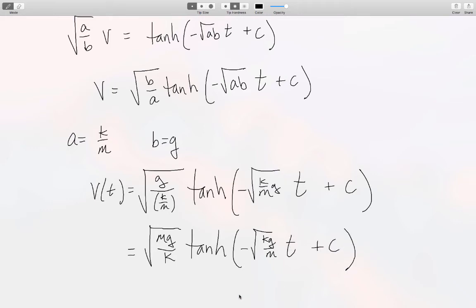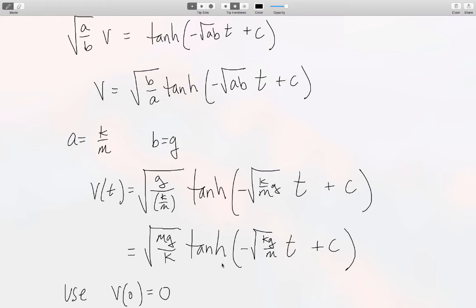It looks like that. Now, hyperbolic tangent, if you plugged in 0, what I want to do is I want to get the constant. So I'm going to use v of 0 is 0. I'm assuming that the object's dropped, and so under the conditions that the object was dropped, I can figure out what that constant would have to be.